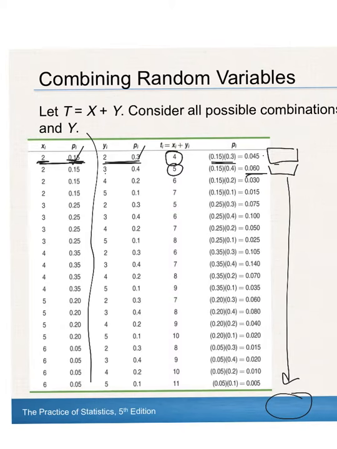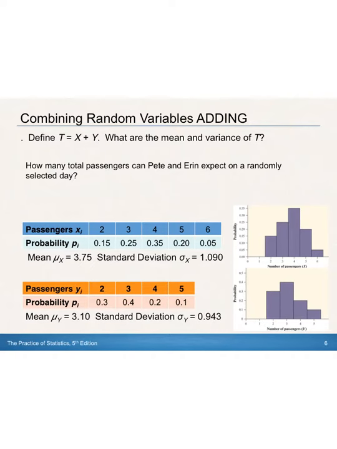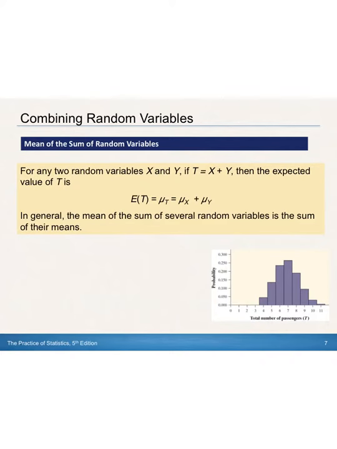But we don't have to do all that work, because instead of having to do all the combinations that would get you 4, and then all the combinations that would get you 5, we don't have to do that. When they are independent, and we're looking at the means, all we have to do is say, well, if he's got an average of 3.75 and she's got an average of 3.10, we just need to add them together.